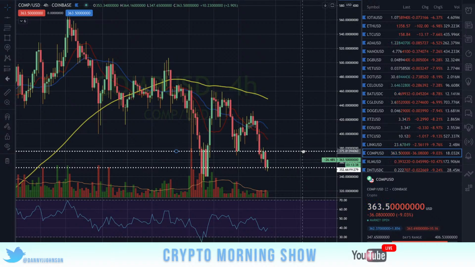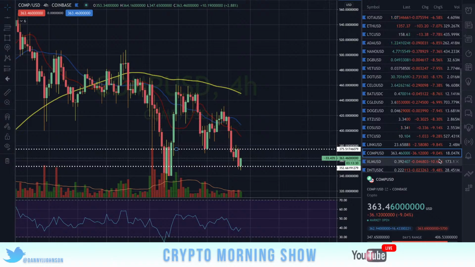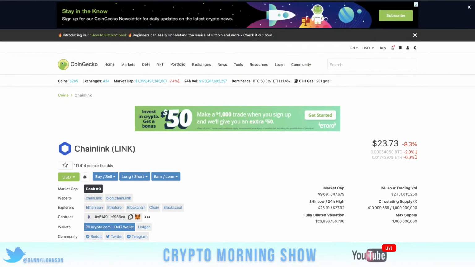Resistance here at 375.81. COMP USD is very lightly traded, so watch out for that. We'll go back here real quick. You want to go back on CoinGecko. Let me put the link for you in the chat.